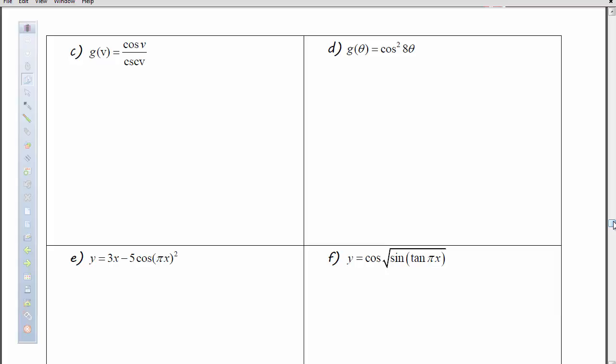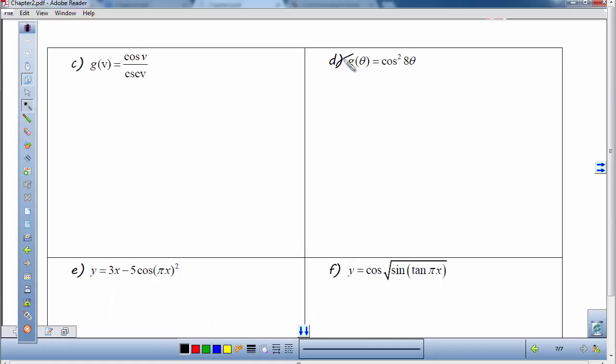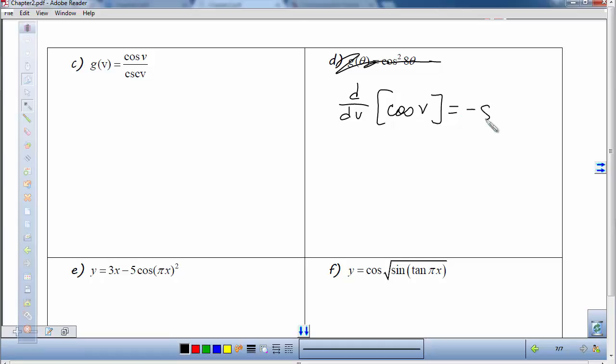All right. As a reminder, just so that we remember, because it's been a minute. The derivative of cosine v, that one we should know very well, is what? Minus sine v.